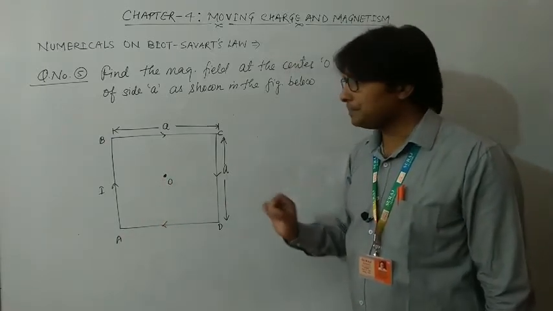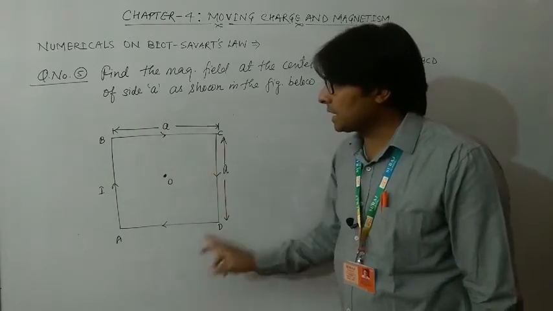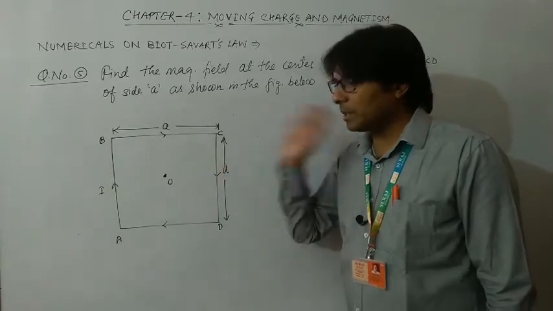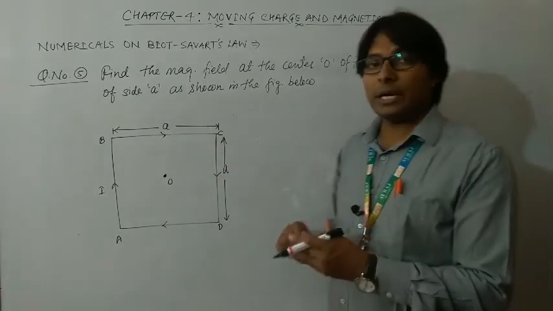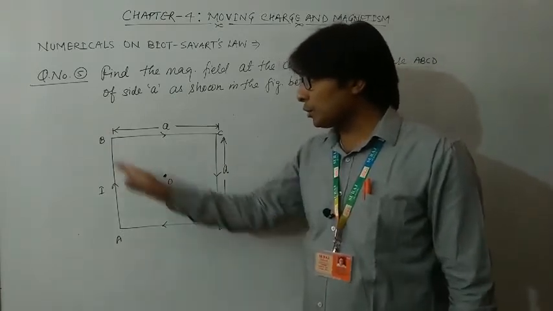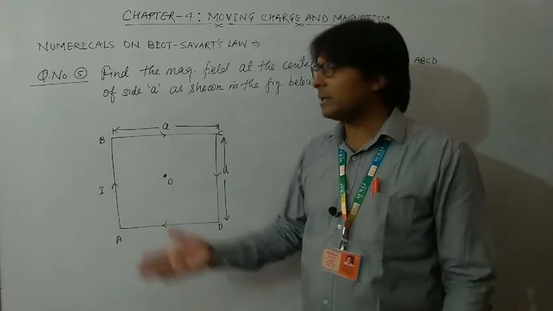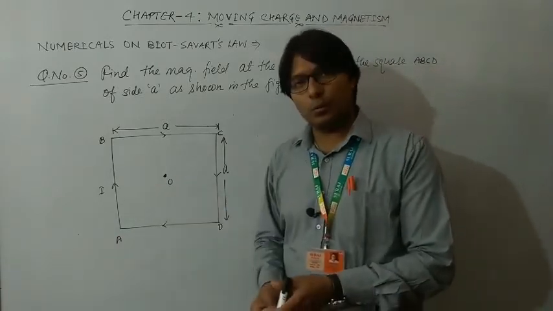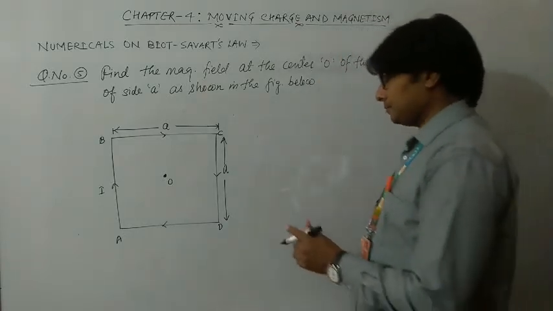So definitely the direction of magnetic field due to all these sides of the square will be in the same direction, which is perpendicularly inward. So we will determine the magnetic field at point O due to one of these sides, and we will just multiply it by 4 to find the net magnetic field at point O. This will be our approach in solving this question.